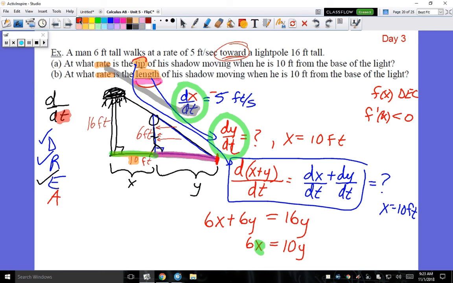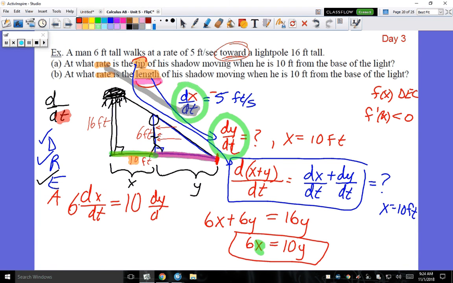So what's the derivative of the left side? Remember, we're looking at this right here. What's the derivative of the left? 6 dx dt. Yep, 6 dx dt, okay, is equal to what is on the right? 10 dy dt. Nice. Now, for part B, which I think is the easier one to find first, that length of the shadow, we know that length is represented by the dy dt.